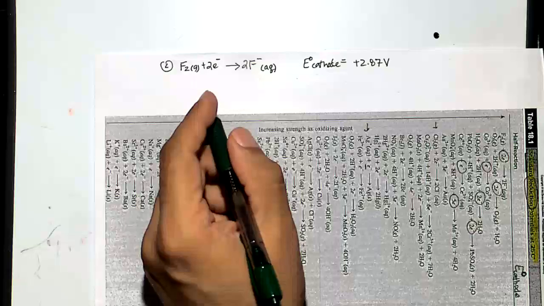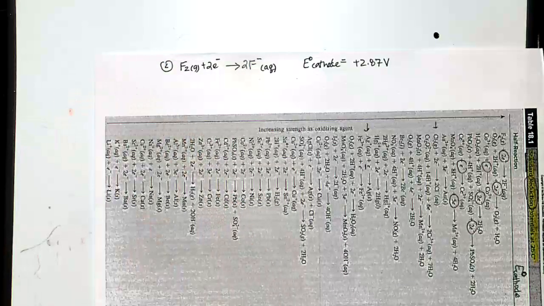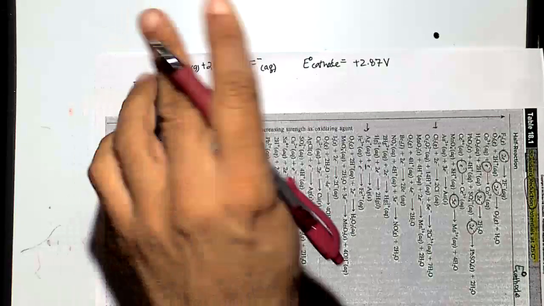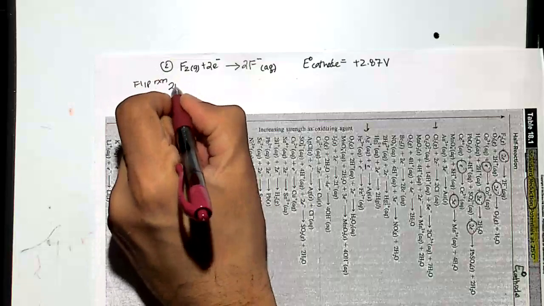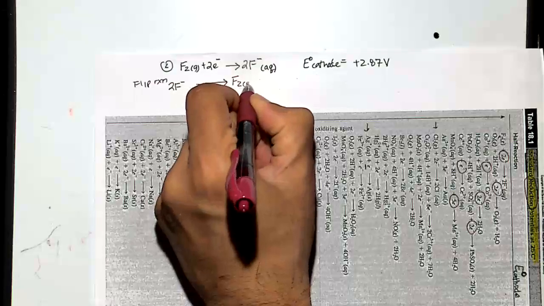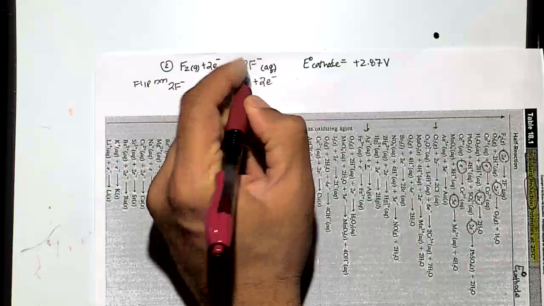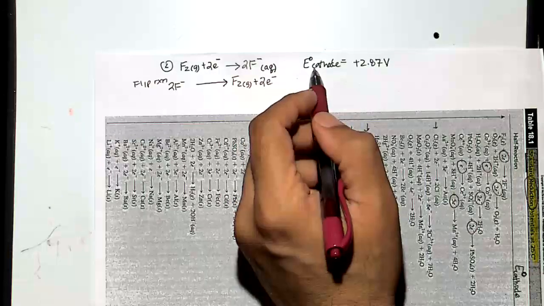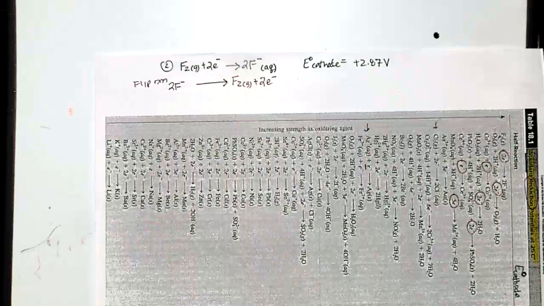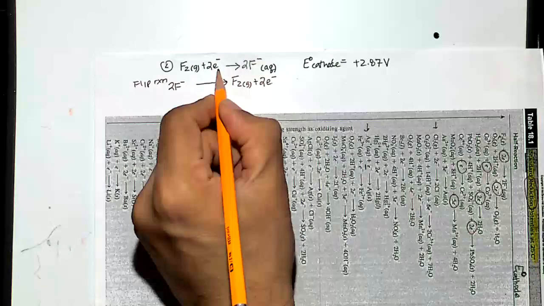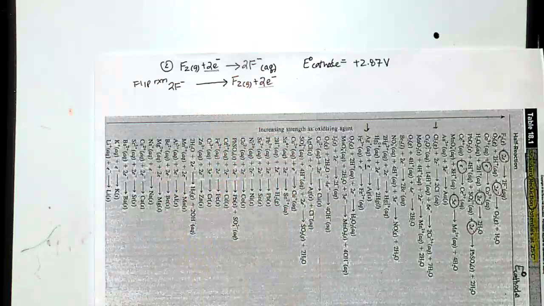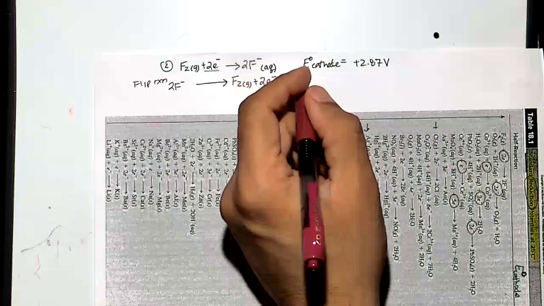What I'm going to do now is flip this reaction. If I flip this reaction, the 2F minus becomes the reactant, and F2 gas plus 2 electrons becomes the product. This is no longer E cathode, so what will it become? Instead of gaining 2 electrons, it has lost 2 electrons.